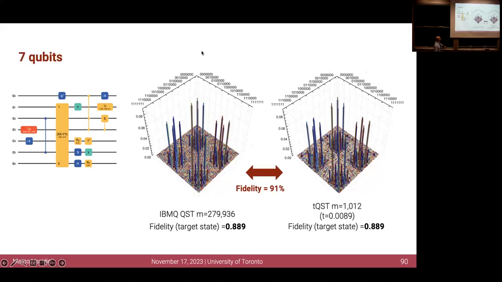But then we move on to 7 qubits. Okay, and again, 91% fidelity between the two. But look, exactly the same fidelity. In order to have a different fidelity, I have to go to the 5th digit. Okay, so it seems to me that although I did only 1,000 measurements instead of 280,000.